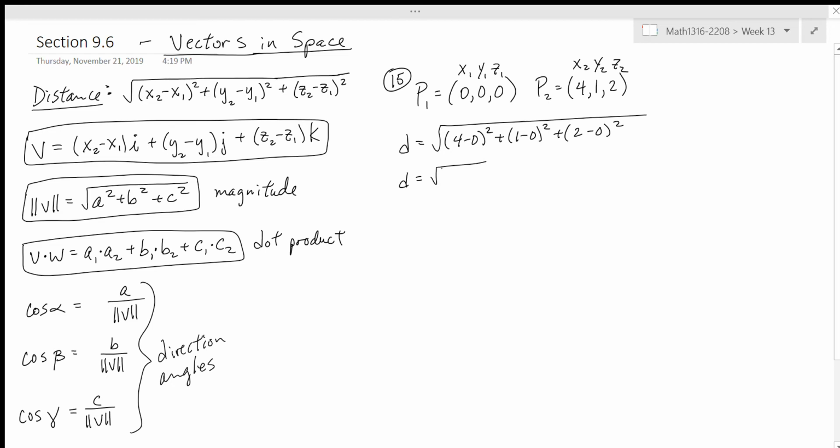And if I'm not mistaken, that's just going to be 4 squared plus 1 squared plus 2 squared. And this is a great opportunity for you to use your calculator. Survey says? Not everybody at once. Can I have it as just a square root?